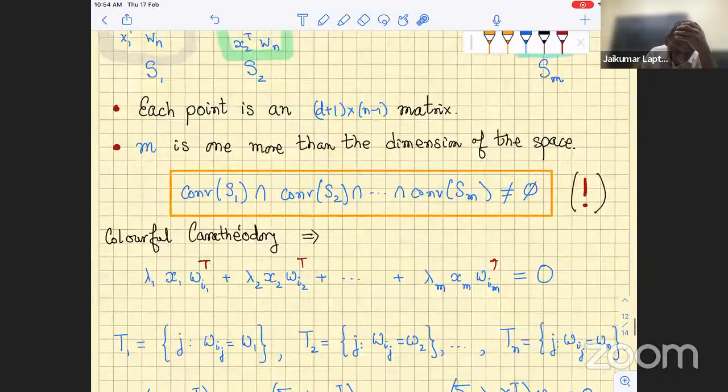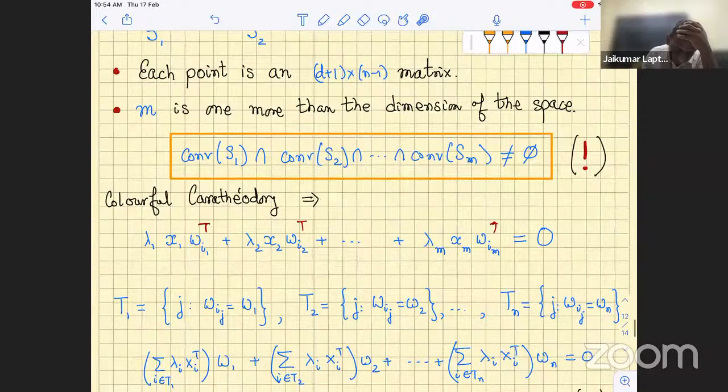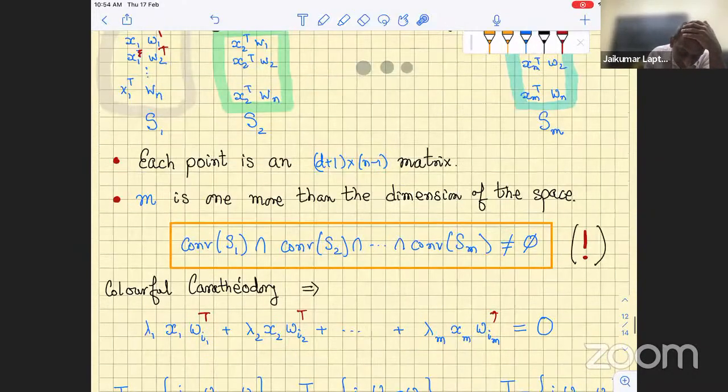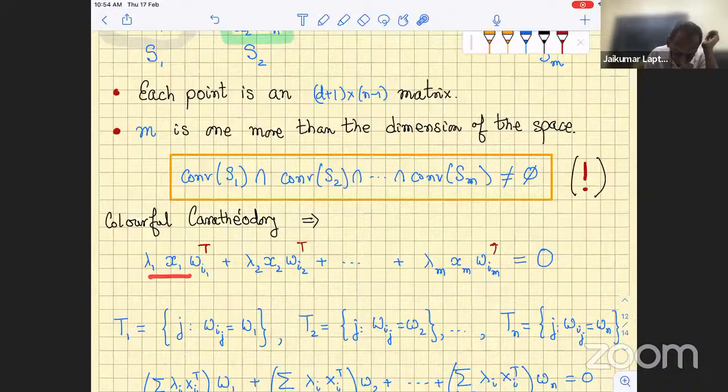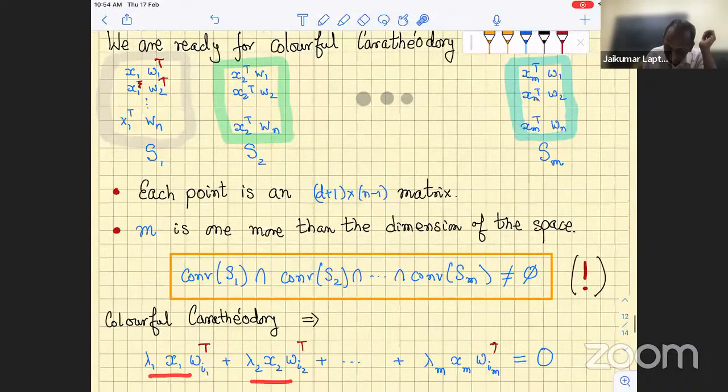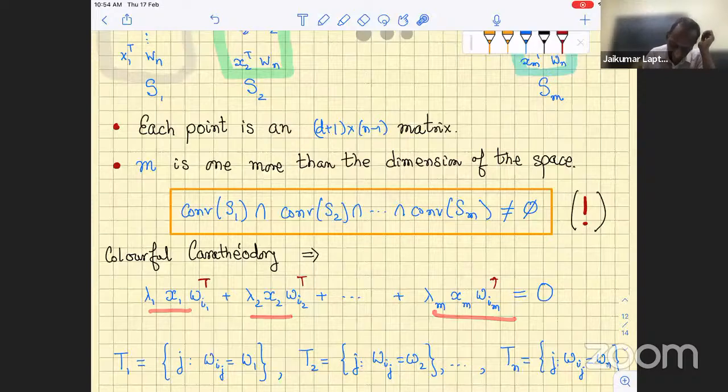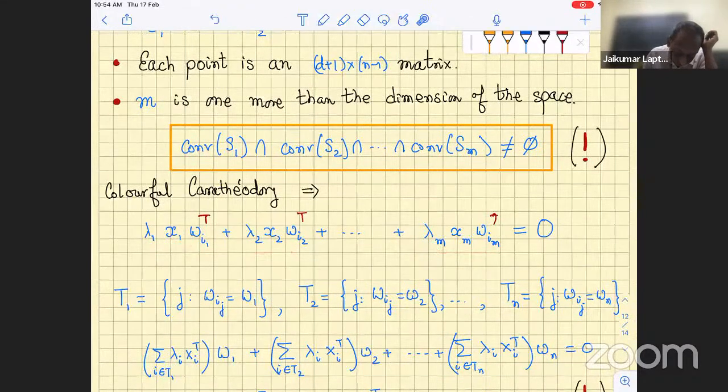Anything which has x2 in the first coordinate has color green. So this is a gray point, a green point, and maybe a blue point, something like that. One of each, one x1, but the same W might appear multiple times.